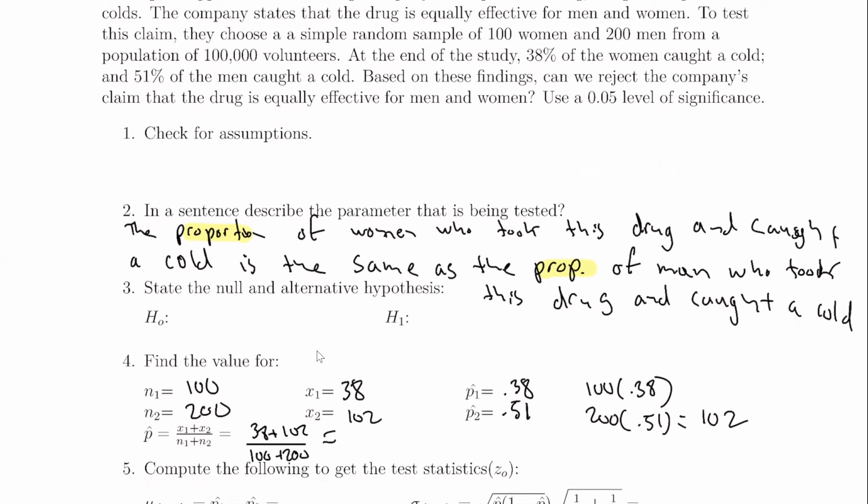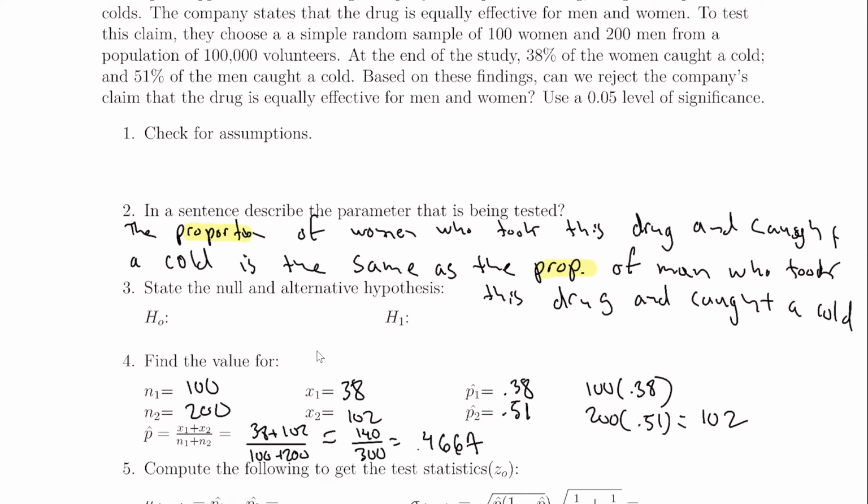So 38 plus 102 is 140, and 100 plus 200 is 300. So now we do 140 divided by 300, and we get 0.4667.